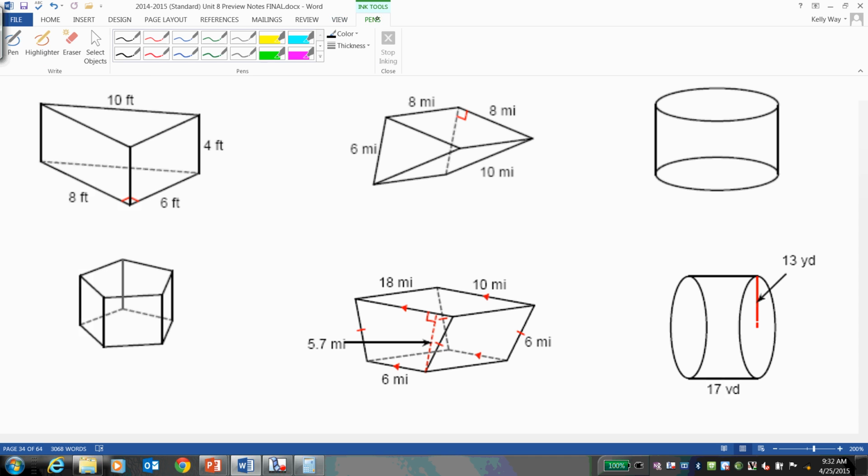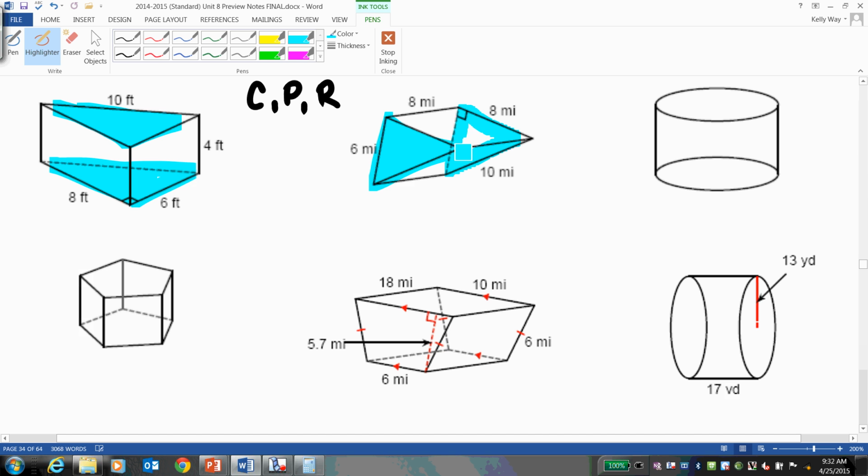Welcome back. So taking a look at the bases, remember CPR: they're congruent, they're parallel, they're connected by rectangles. Your bases here are these two triangles. The bases here are the two circles.